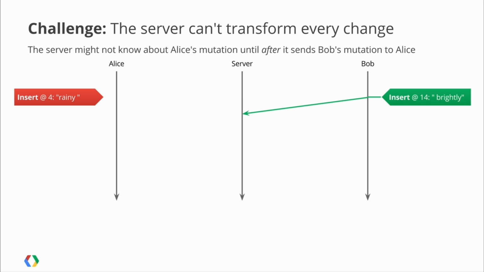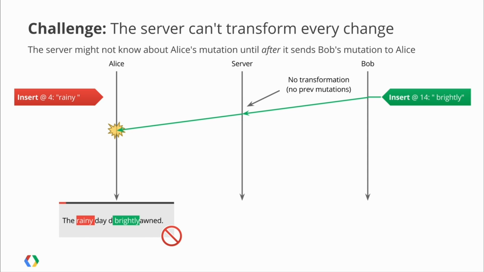Well, the server doesn't transform Bob's mutation because there's nothing previous to transform it against. So the server just sends it on to Alice, and of course, panic ensues, and Alice is going to get the wrong result. Alice now sends her mutation, and let's say it gets to the server after Bob's mutation got to the server.